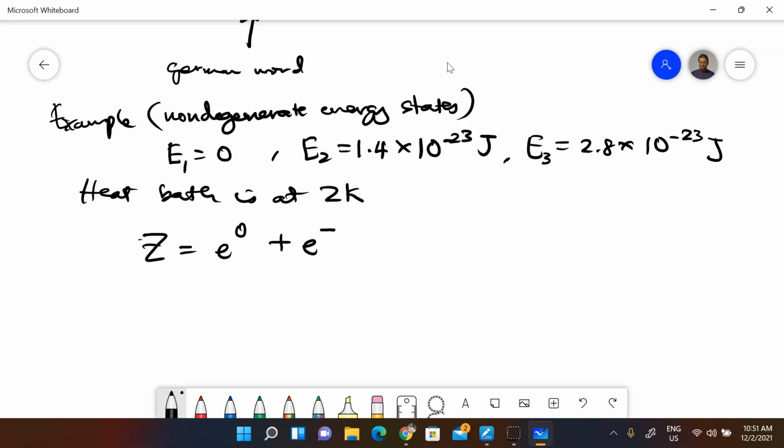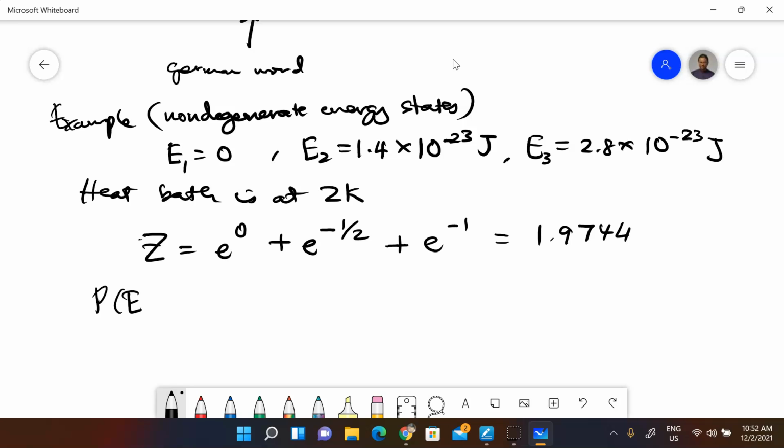This one is a multiple of k_BT here, so that gives you e^(-1/2), please check with the figures. And then this one is e^(-1), and that gives you 1.9744. This is just a repeat of what's in the book.